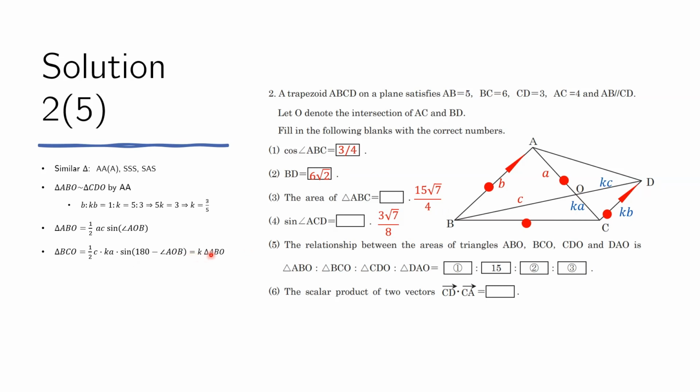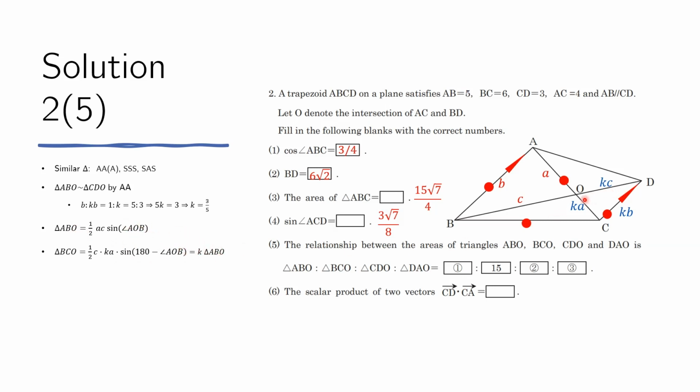And so we can compute the area to be k times the area of ABO. That's easily noticeable when you solve this. So 1/2 CKA sine of the angle here, and you will see that this is in fact the relationship between those two.